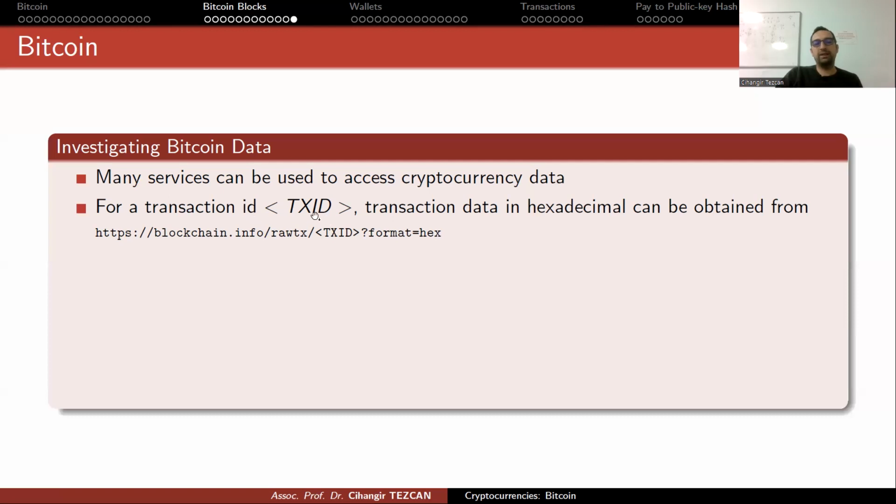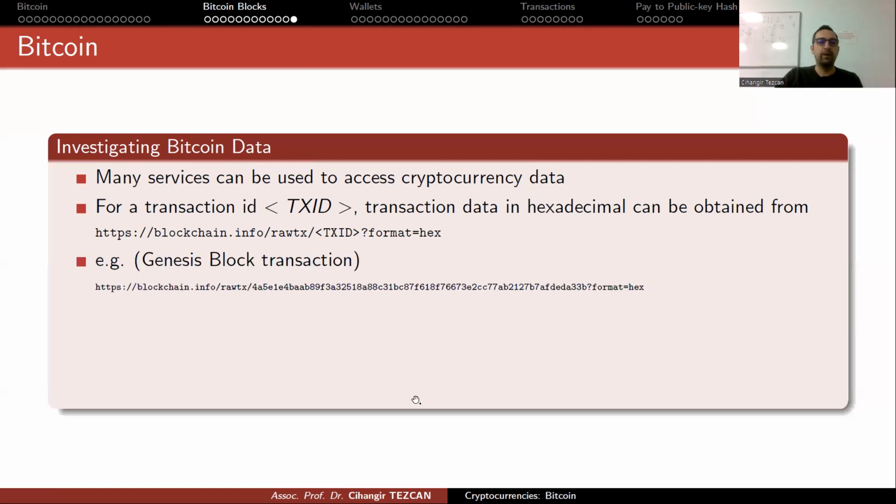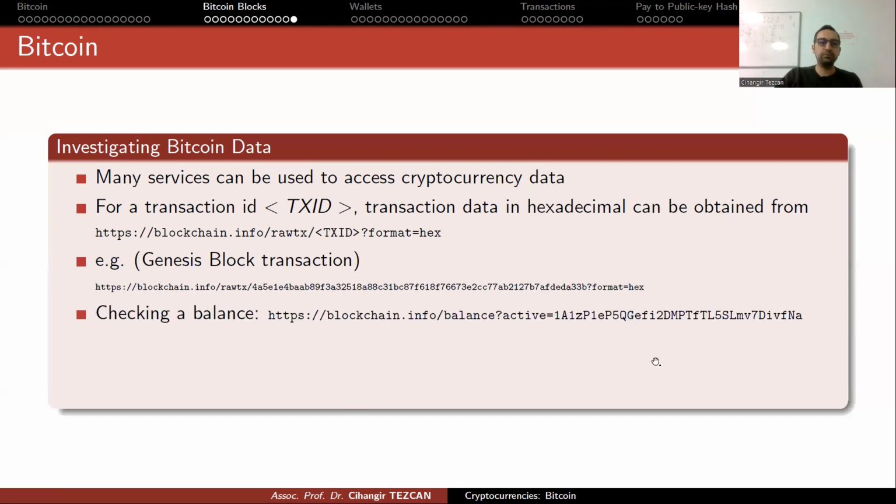For a transaction ID, you can simply replace it here. And you can see the transaction data in hexadecimal. Of course, if you remove it, you see it in a JSON format and so on. For the Genesis block, for example, you can follow this link and see the transaction.